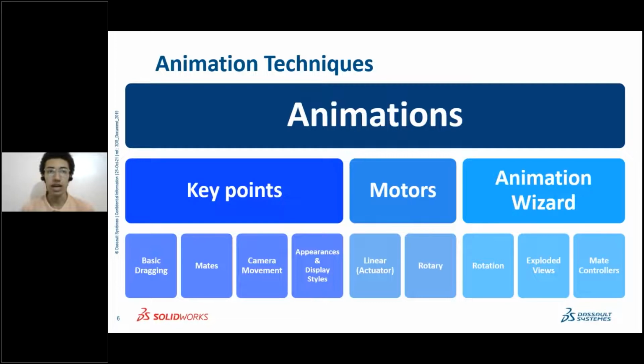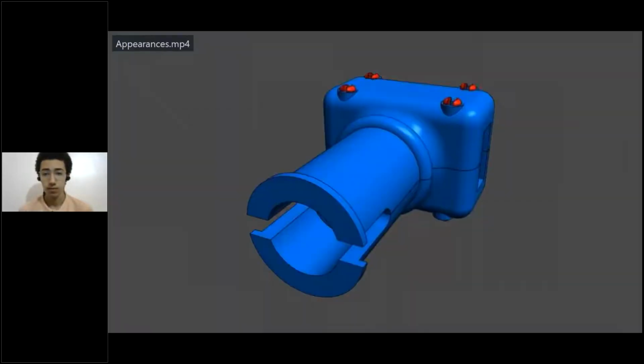So for example, if I have a model that's colored red, and I'd like the animation to be that model changing from red to blue at the very end of the animation, I can do that also in SolidWorks. So this is an example. Pay close attention to the red parts at the very top of the model.